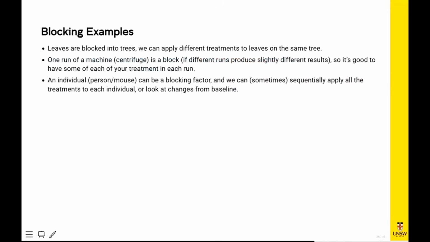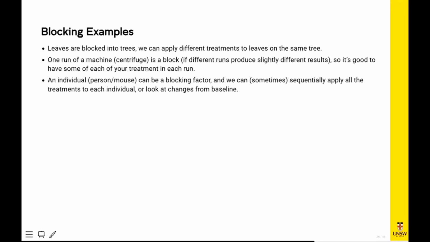So if you are a researcher in lots of different areas, blocking in this kind of way in your research design can be really helpful. So for example, if you're an ecologist and you're studying trees, you can consider each tree a block and maybe choose 10 leaves on each tree, and 5 of them get one treatment and 5 of them get another.